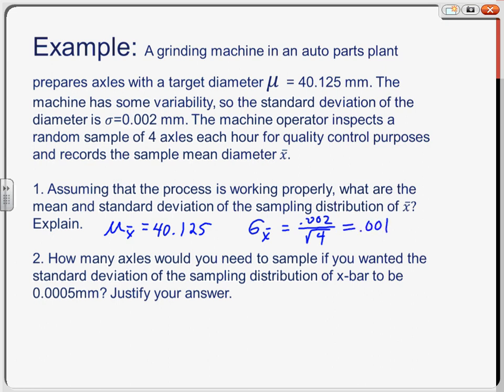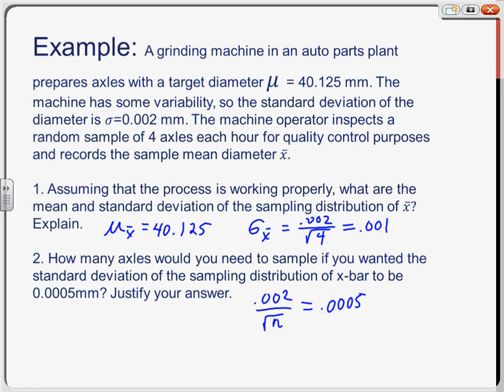So, how many axles would you need to sample if you wanted the standard deviation of the sampling distribution of x bar to be 0.0005 millimeters? So I want to know how many I would have to sample if I want that variation to be equal to 0.0005.